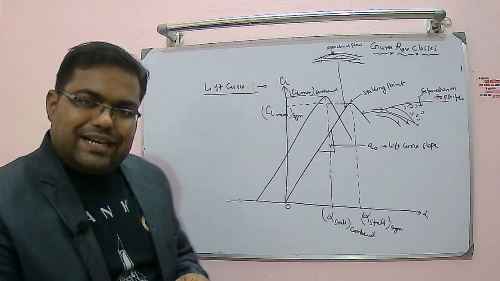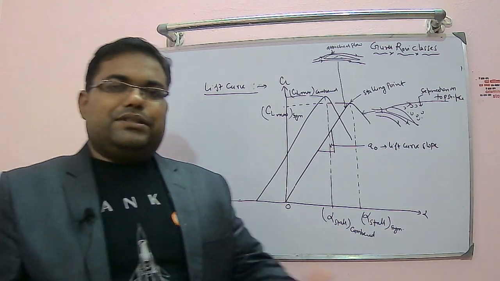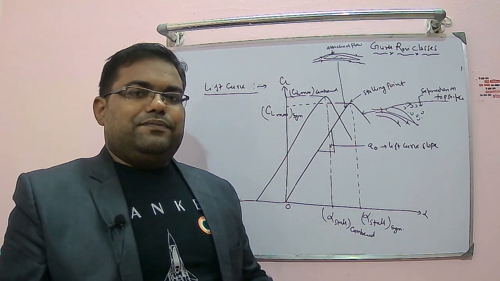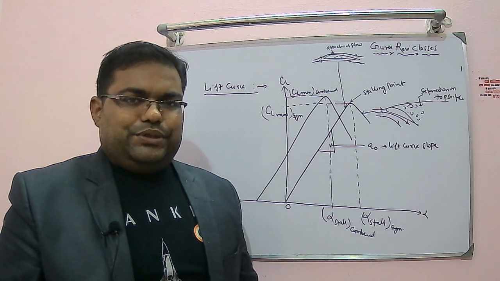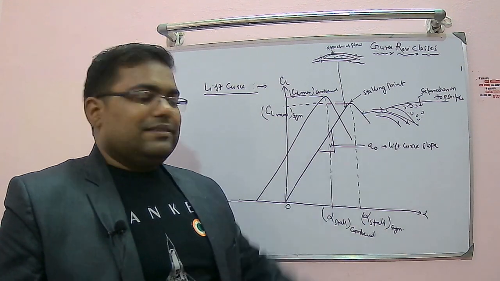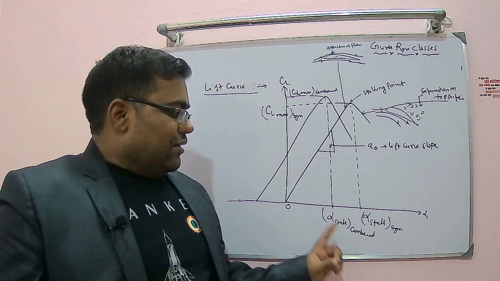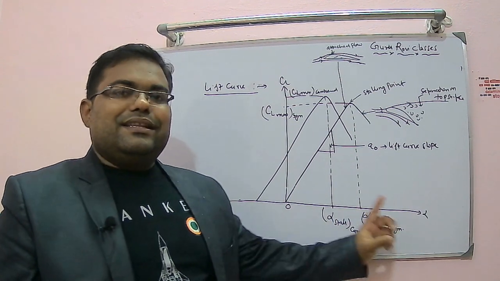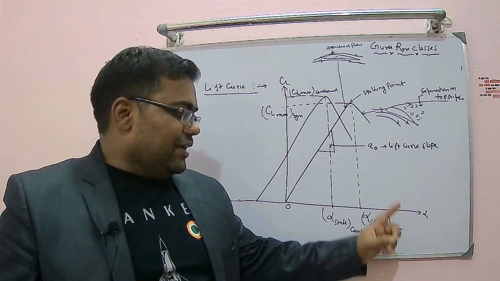Now the problem is that if my curvature is there, the curvature will give larger lift compared to the symmetrical one, which has less curvature, but stalling will occur earlier than the stalling of the symmetric airfoil.